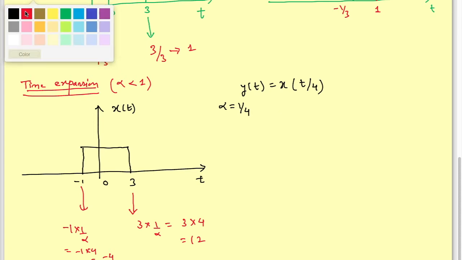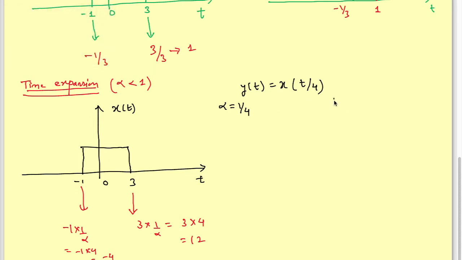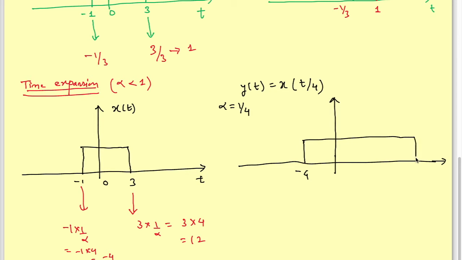So when I look at my signal y of t, it will look something like this, from minus 4 to 12. This is my time axis. This is y of t equal to x of t by 4.